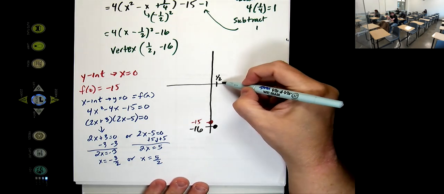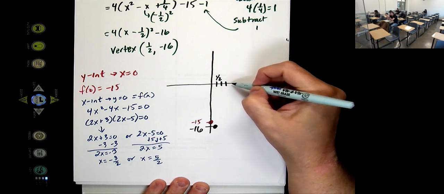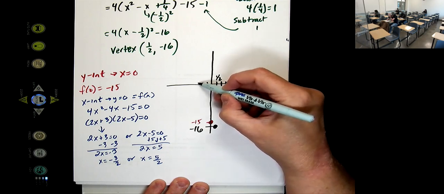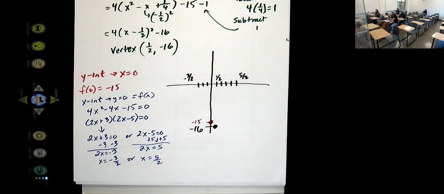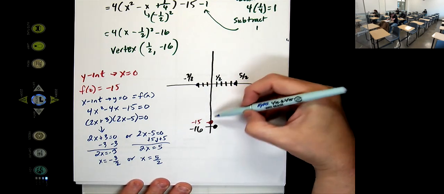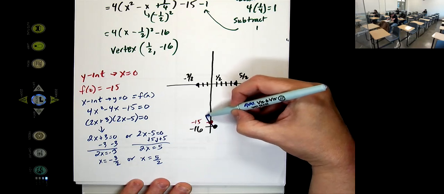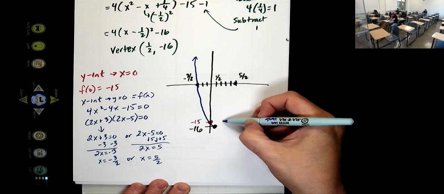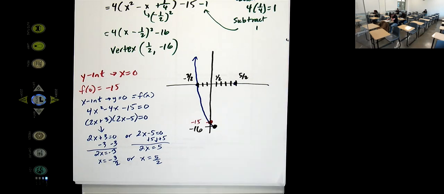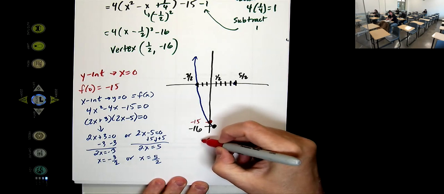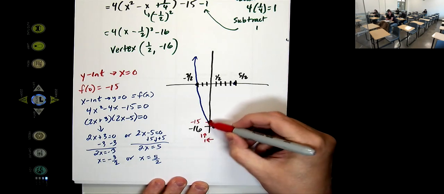So maybe if I'm measuring these in halves, that's 5 halves and 3 halves. And if you want another point down here, we can use a little bit of symmetry. To get to this red point right here, I went left 1 and up 1. I can see that by how far I moved.